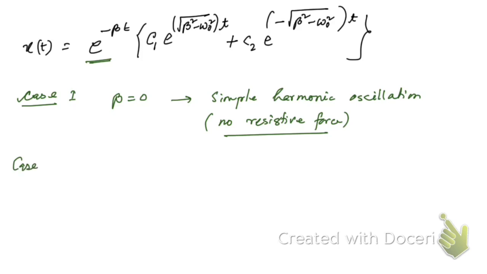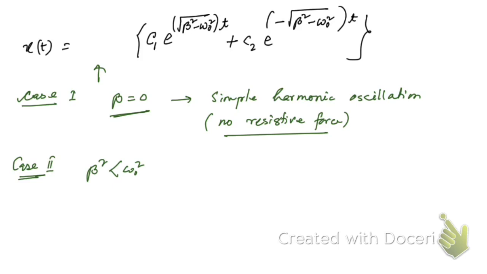In case number 2, beta square is less than omega naught square; in that case this part will be imaginary. Here when beta was equal to 0, we got e to the power 0, which gives 1, so we were left with this part only.